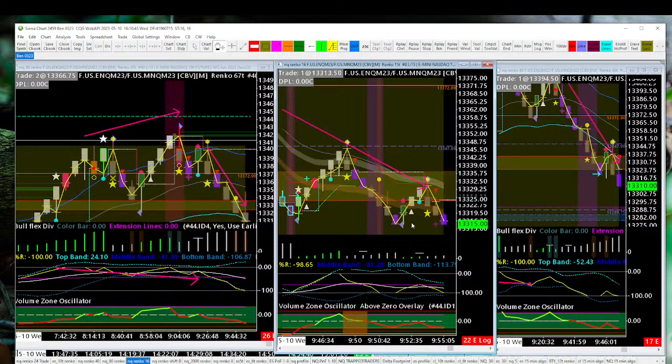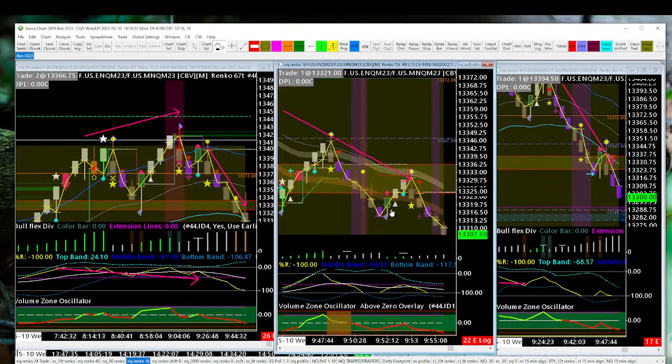But the hidden divergence on the bull side, I should ignore now because it's bearish. I need natural divergence on the bull side. So I need the indicator to not go down as low, but I need price to continue to make lower lows. If I can get that, I want to stop shorting.